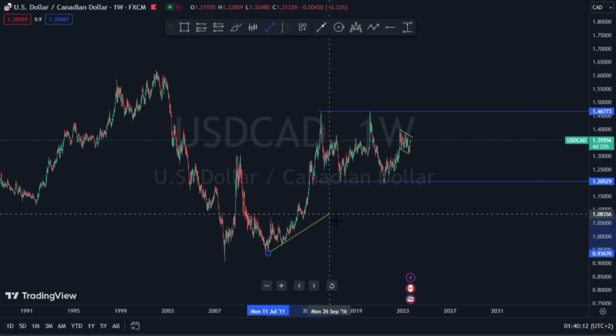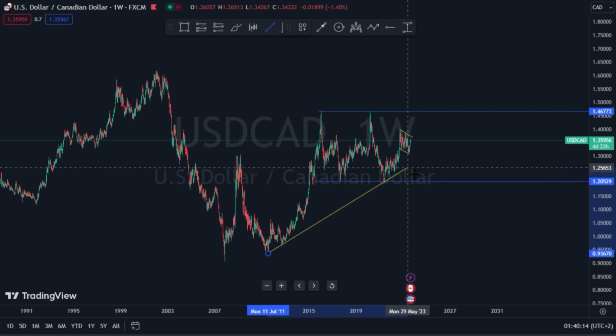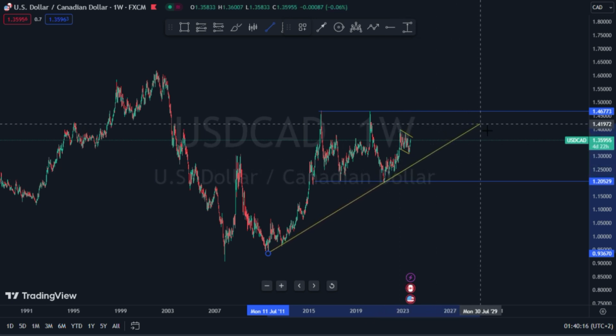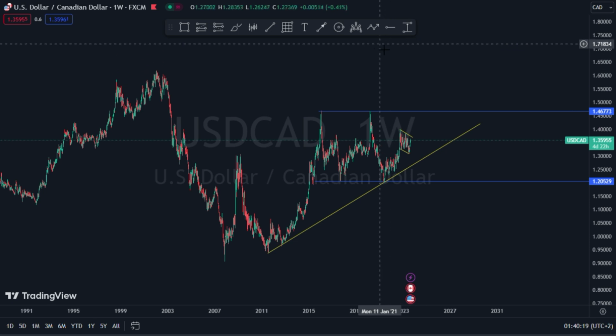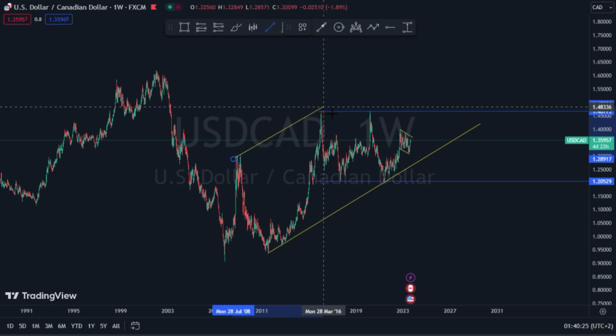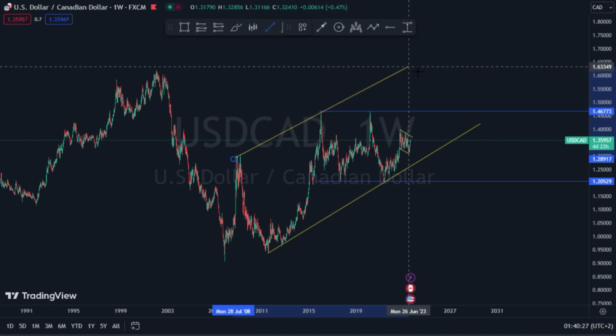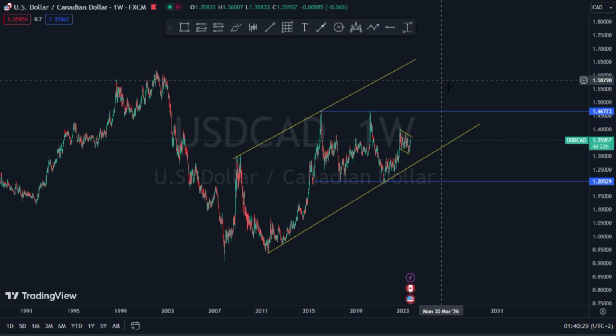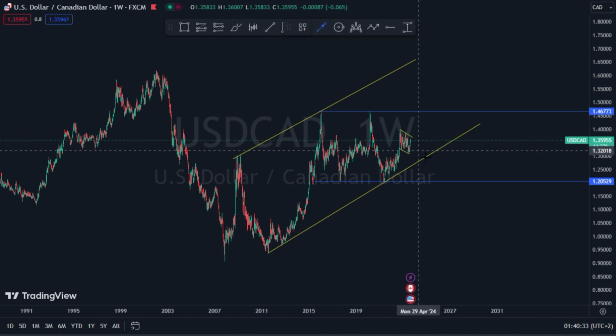We have the first touch right there, and then our second touch right there, right? And then we also have our first touch right there, and then our second touch right there, right? So if we're being honest, the market is presenting us with this continuation pattern for a reason, right?